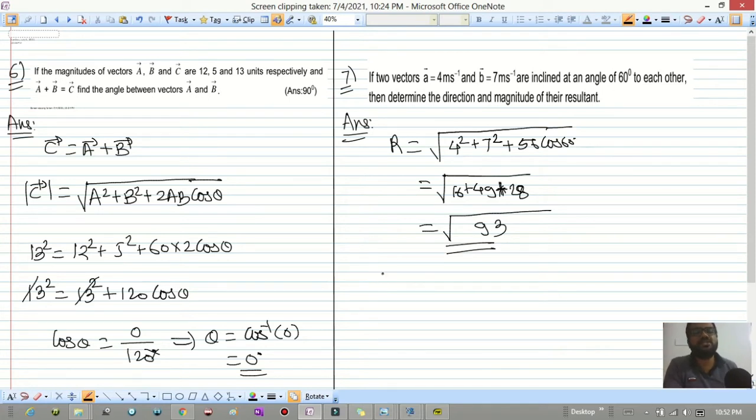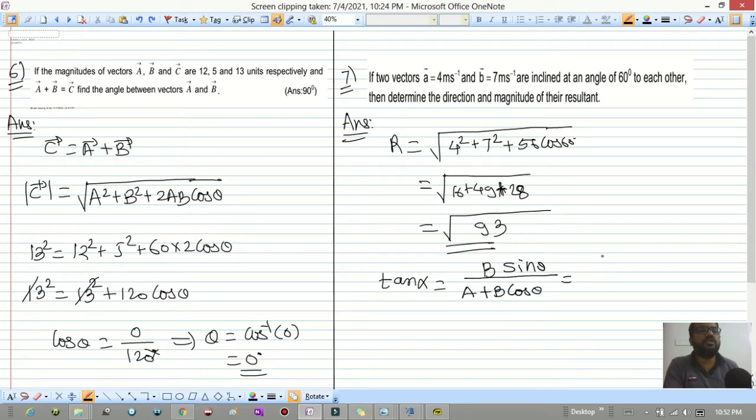What is the direction? Tan alpha we have is equal to b sine theta. It's not cos theta, it is b sine theta, divided by a plus b cos theta.